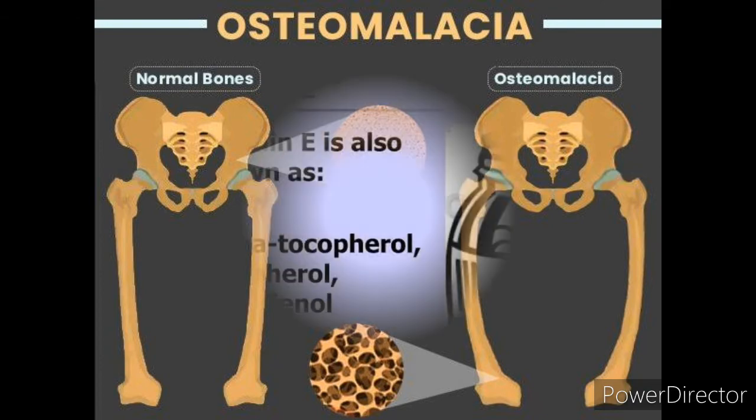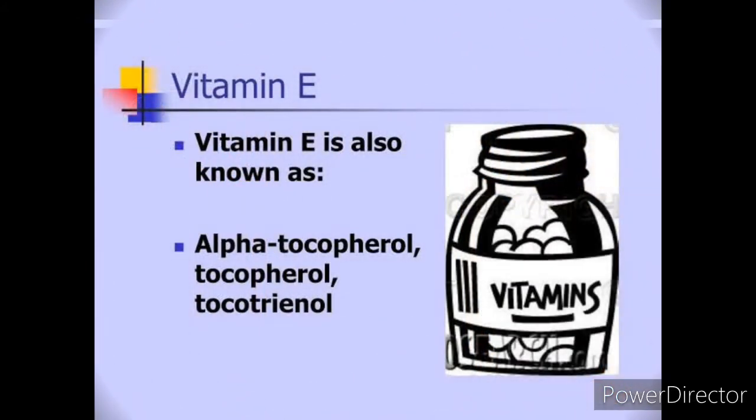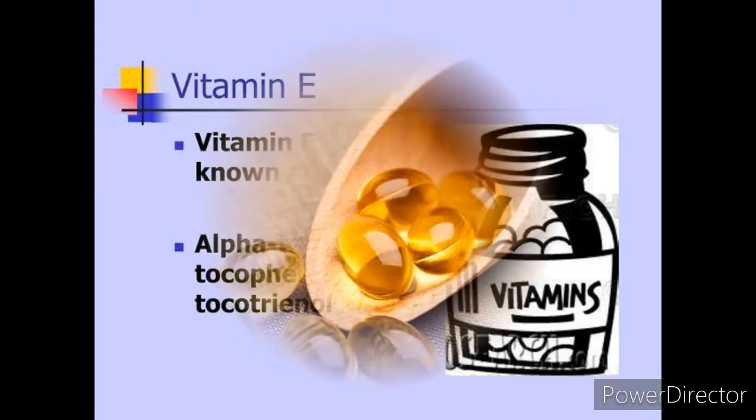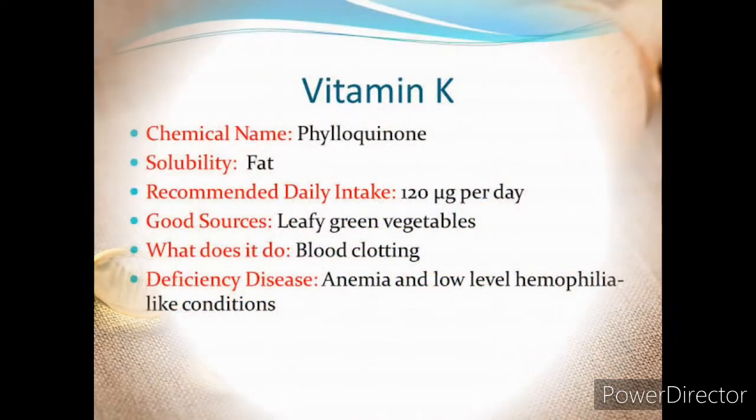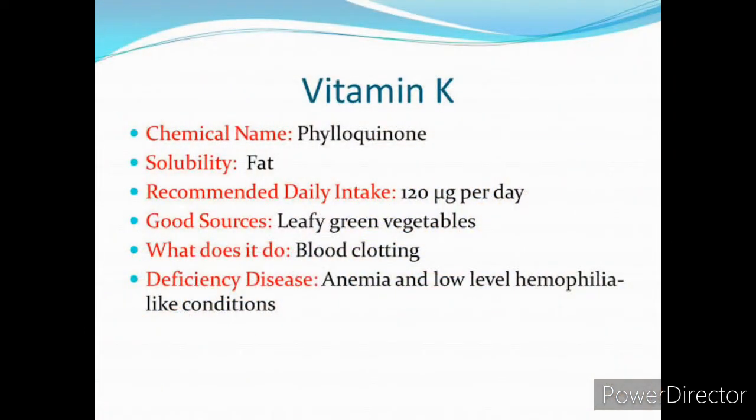The third type of fat soluble vitamin is vitamin E or tocopherol, which is majorly required for preventing the oxidation of vitamin A. Deficiency of vitamin E results in muscle weakness and even nerve damage. The last type of fat soluble vitamin is vitamin K, which is also called phylloquinone.